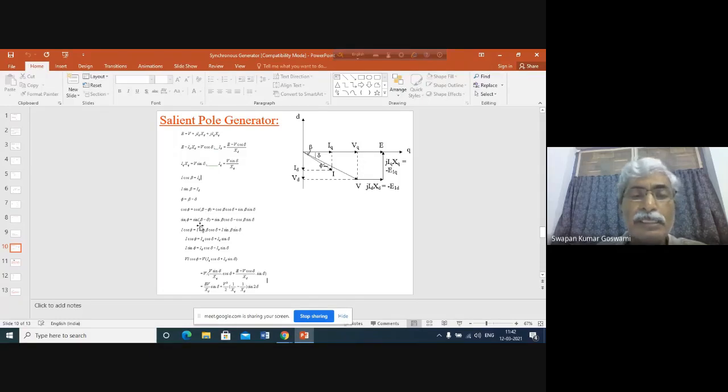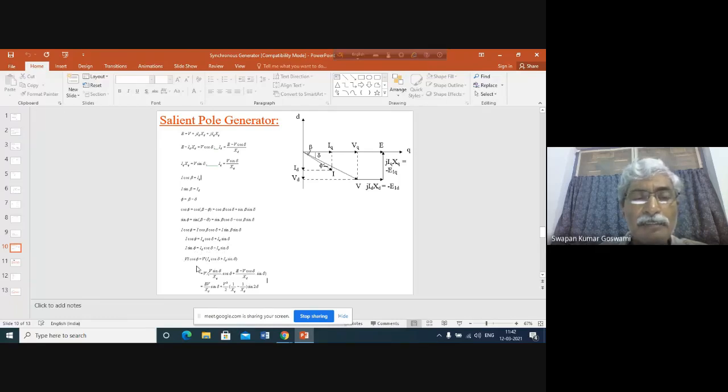These are the expressions for sine phi and cosine phi. And now you find what is I cos phi. In terms of ID and IQ, I cosine phi finally becomes IQ cosine delta plus ID sine delta. I sine phi becomes ID cosine delta minus IQ sine delta.